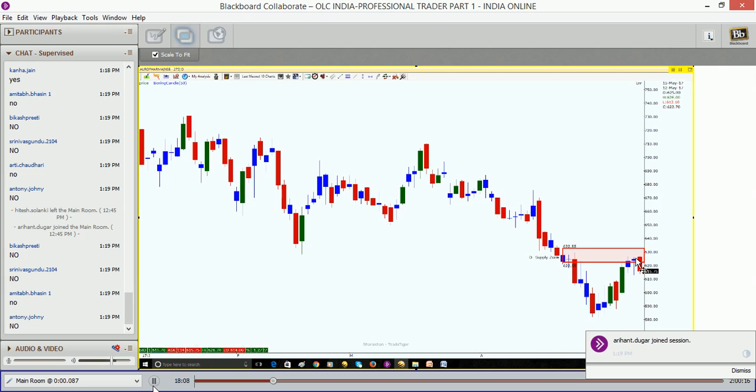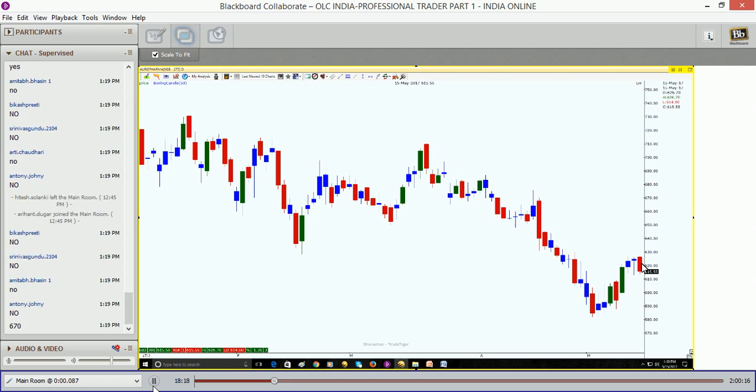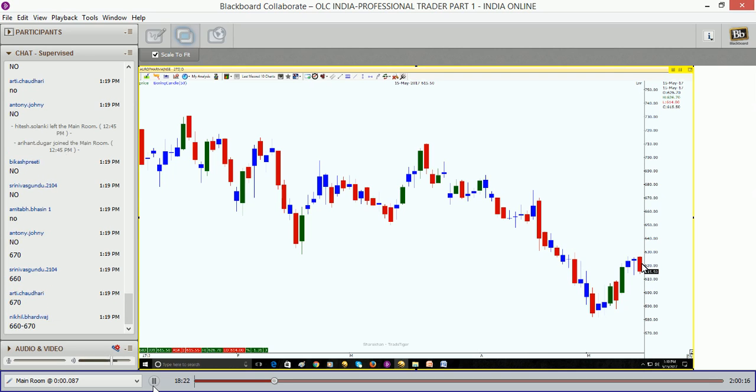Can you see any other big drop in price, friends? Can you share with me the price? 670 says Anthony and 660 says Srinivas. Both of you are absolutely right. There is a big drop over here. Now, is this candle an exciting candle or a boring candle, friends? No prizes for guessing.